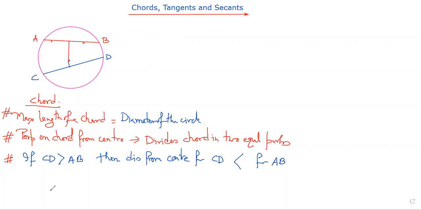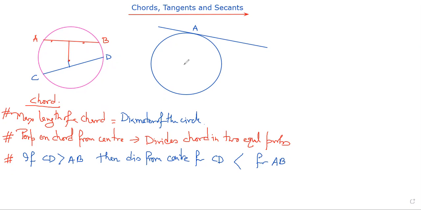Now the next one I want to draw is a circle. Let's say this is once again a circle where I want to draw one tangent. Let me draw this one, which is a tangent. The interesting point is whenever I have drawn a tangent at point A, it is just touching the circle externally at a point.